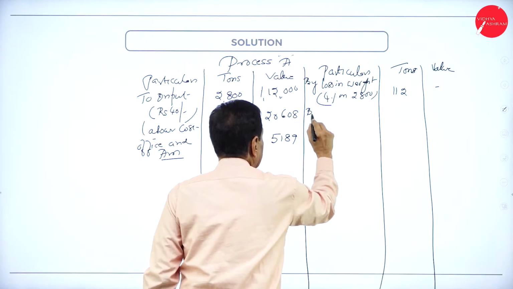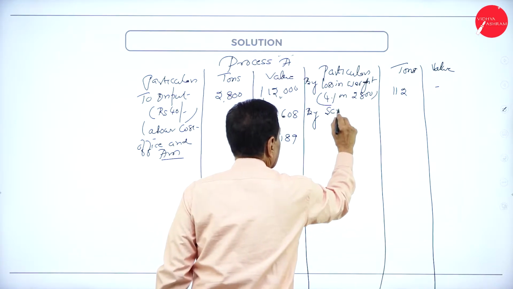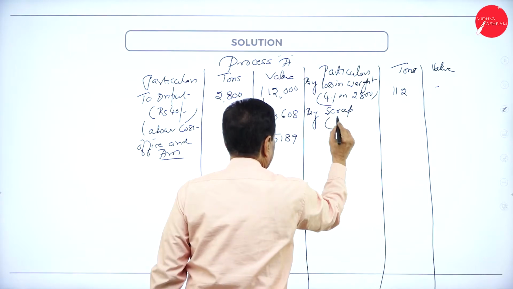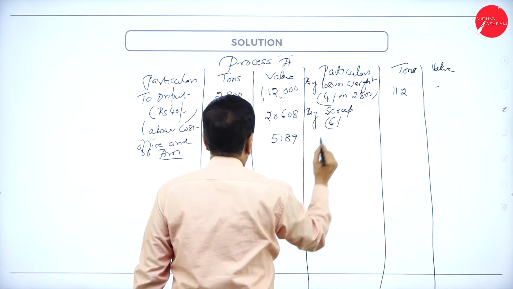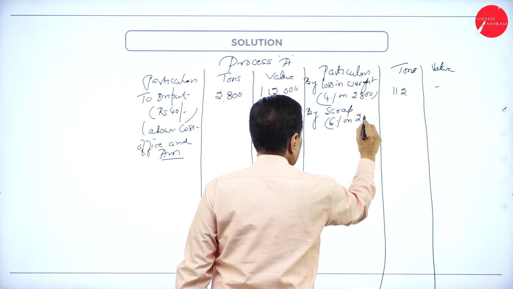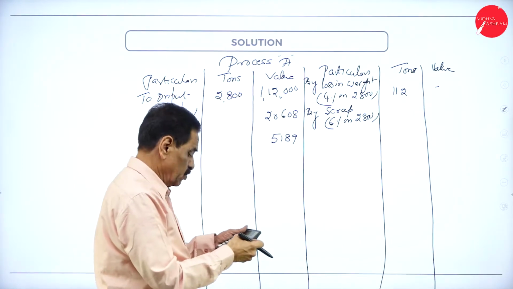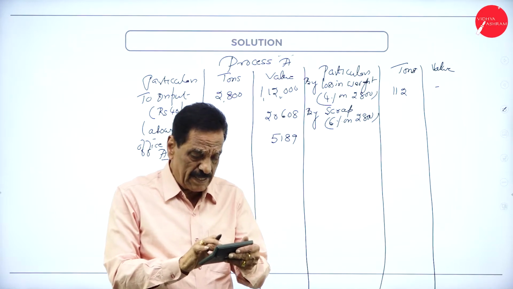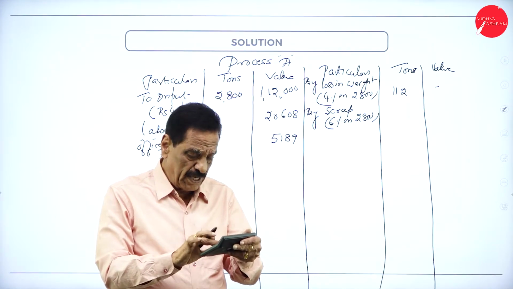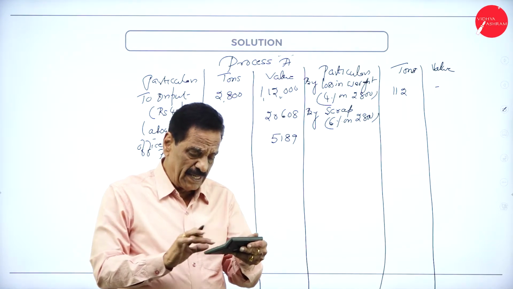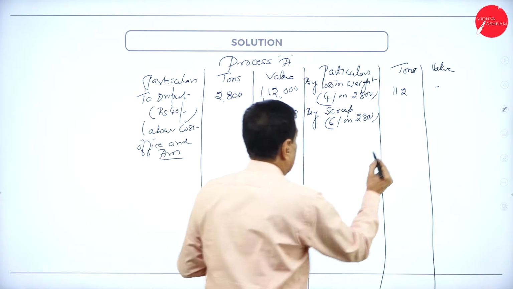By scrap, 6% on 2,800, so 2,800 into 6 divided by 100 is 168.